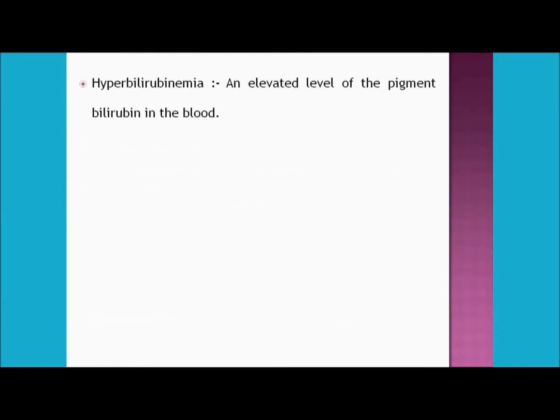The next condition is also known as hyperbilirubinemia, a pathological condition. So let's discuss what this is. Hyperbilirubinemia is nothing but an elevated level of the pigment bilirubin in the blood, right? It occurs when the serum bilirubin level crosses 2 mg per deciliter of blood.